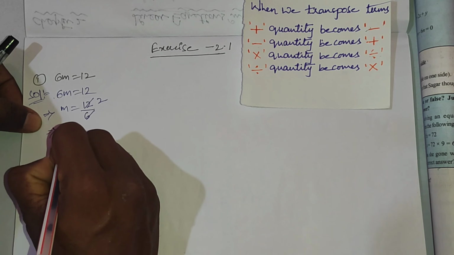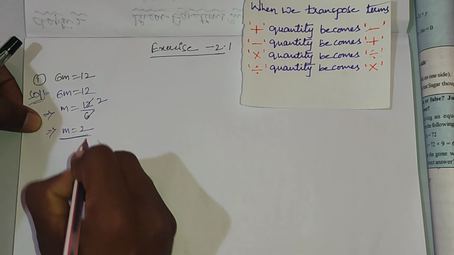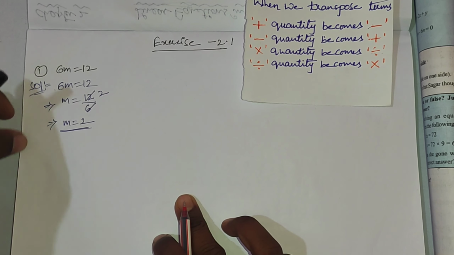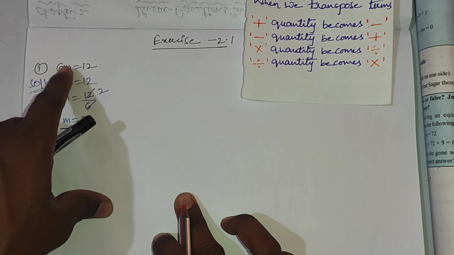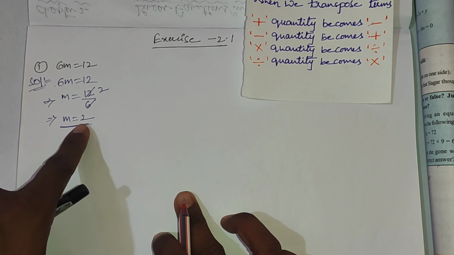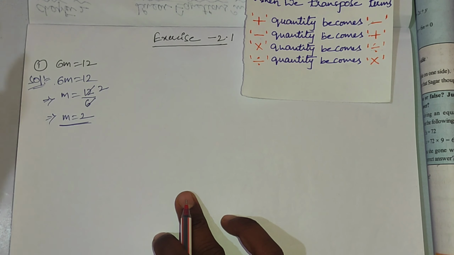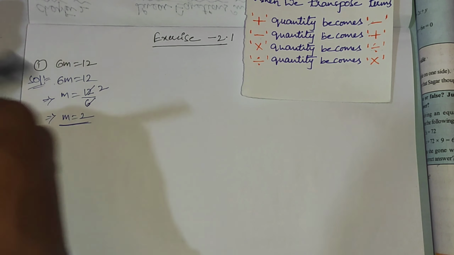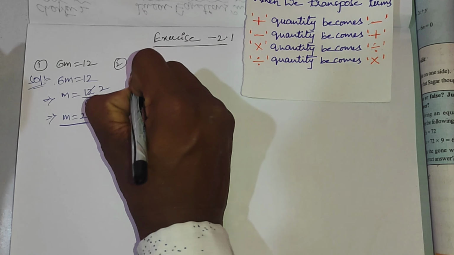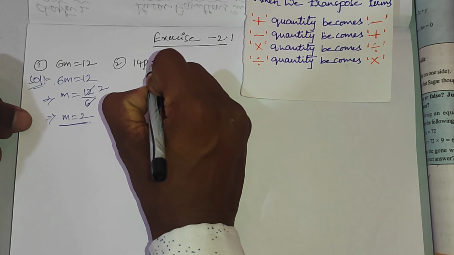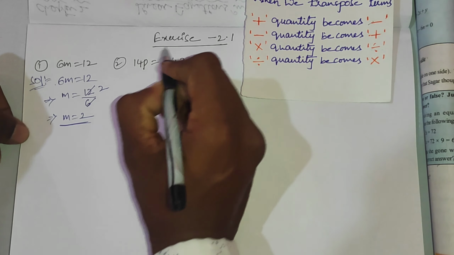This implies m = 2. If you want to check, replace m = 2 here. So 6 into 2, 6 twos are 12. Yes, completed. Simple one.